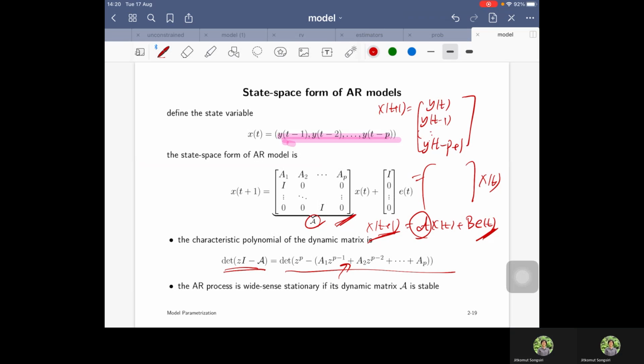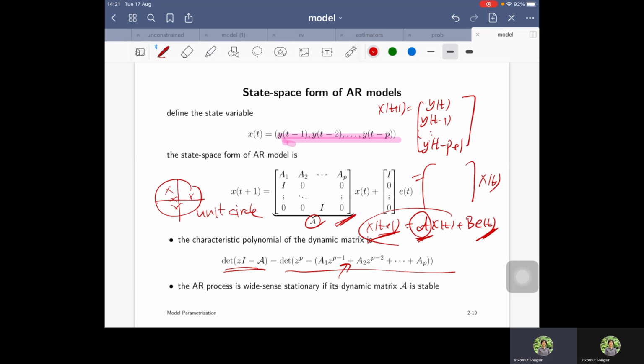The result from linear control system theory is that if the eigenvalues lie inside the unit circle, the matrix A is stable.